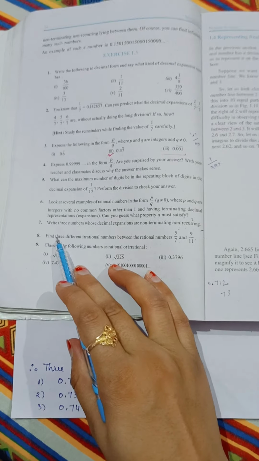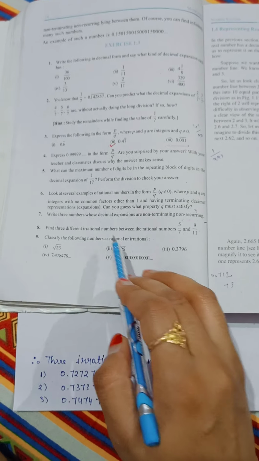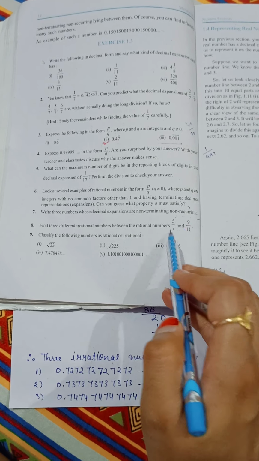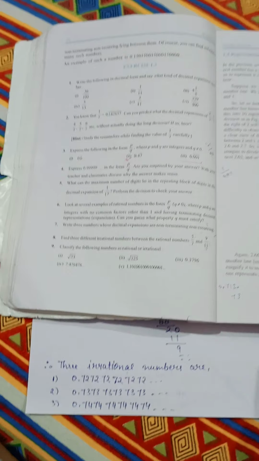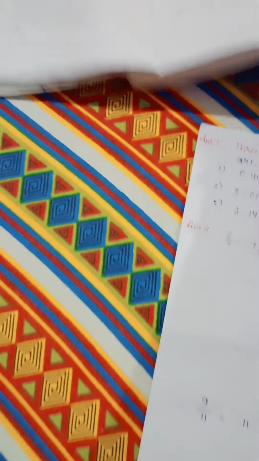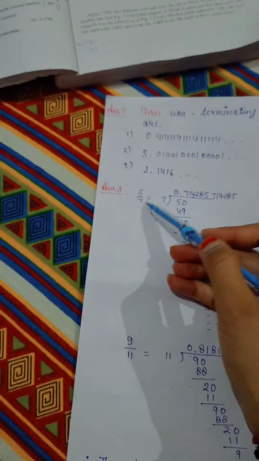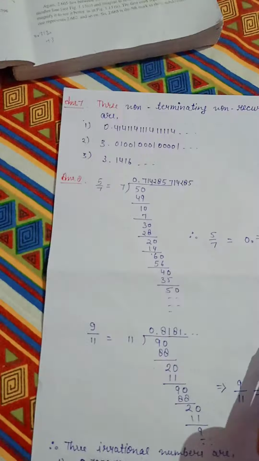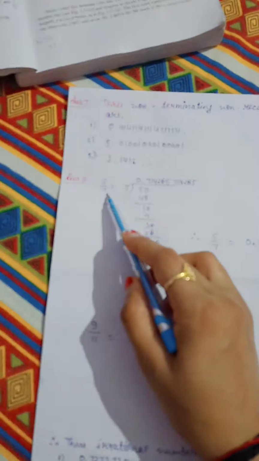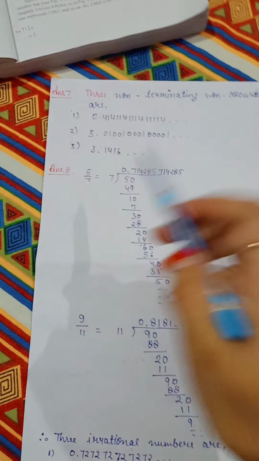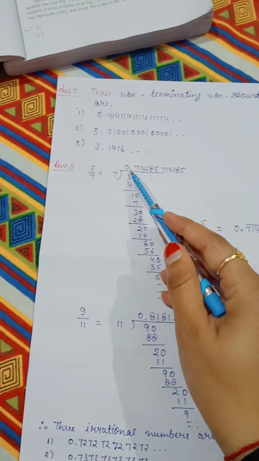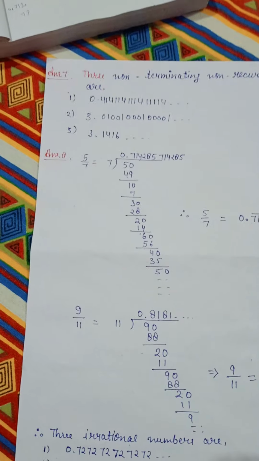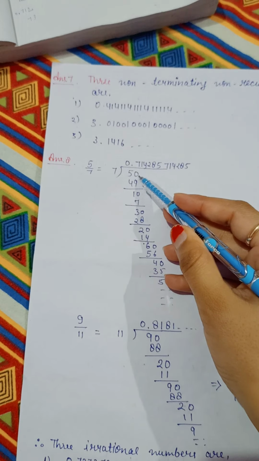Now question number 8 is: find 3 different irrational numbers between the rational numbers 5/7 and 9/11. First we find the decimal expansion of 5/7 and 9/11. When we divide 5 by 7, we get this 5. We put 0, we put the point and take the place value 0.